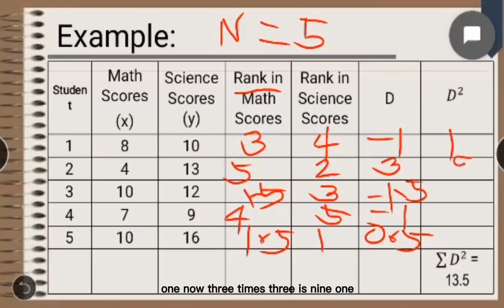Now, 3 times 3 is 9. Negative 1.5 times negative 1.5 is equals to 2.25.